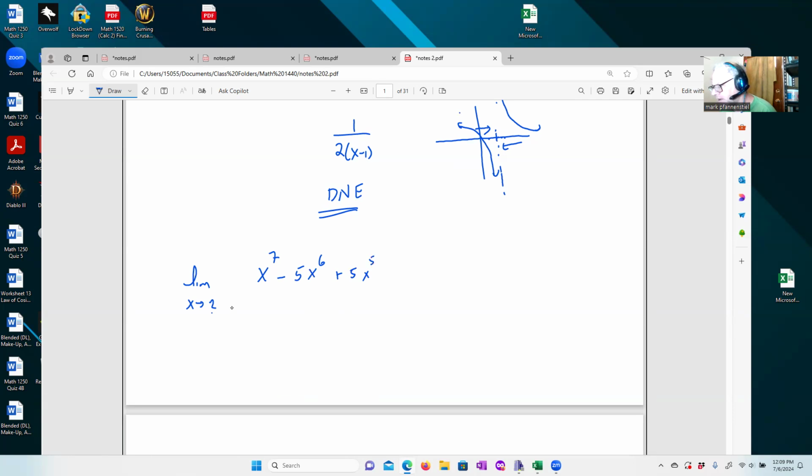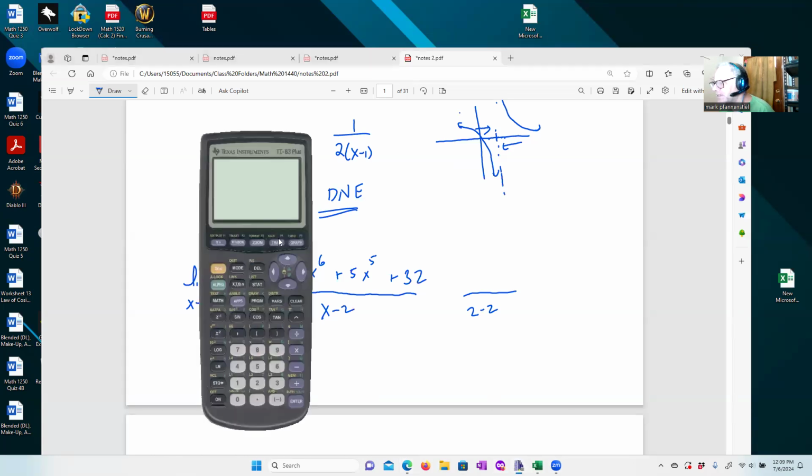We have x to the 7th minus 5x to the 6th plus 5x to the 5th plus 32, divided by x minus 2. Well, on the bottom, that's not too bad. We get 2 minus 2, which will be 0. On the top, this is going to be a little more interesting. So let's go ahead and do this problem.